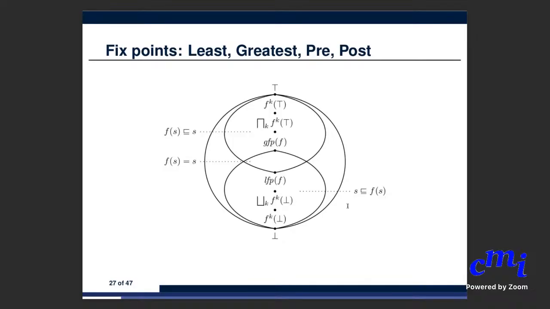So this is the reductive set, where things are decreasing, and this is the set of elements on all ascending chains. The intersection point here is where all the fixed points lie. The least fixed point is the greatest lower bound of all the elements on the descending chains. Similarly, the greatest fixed point is the least upper bound on all ascending chains, and that's what the theorem says.